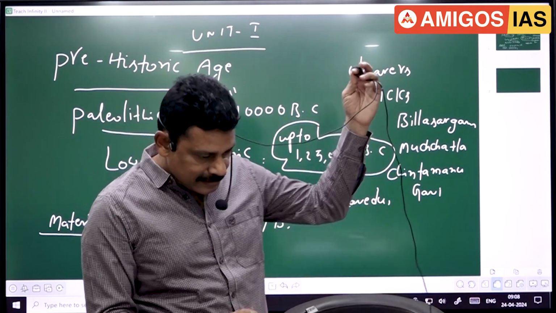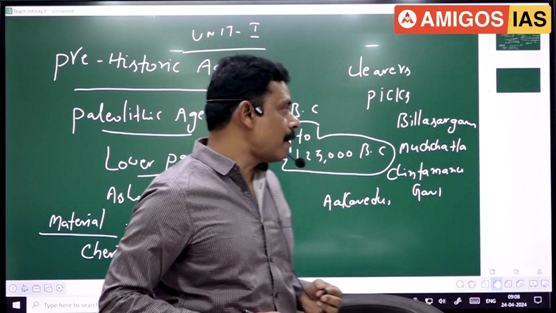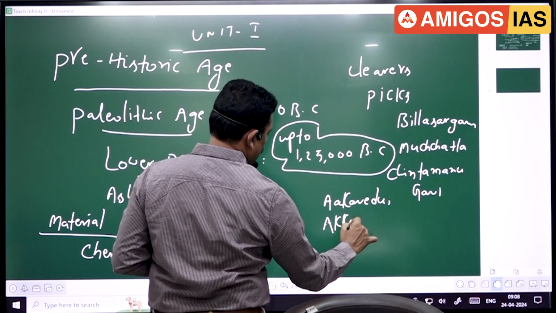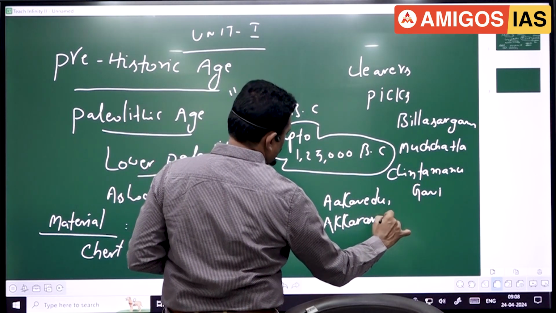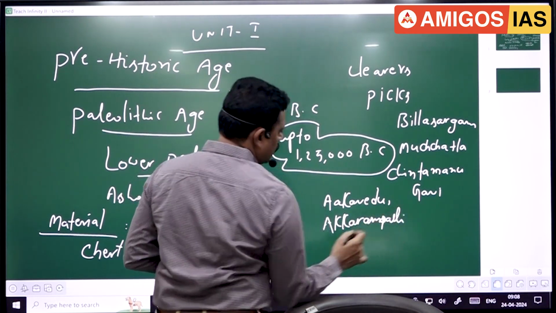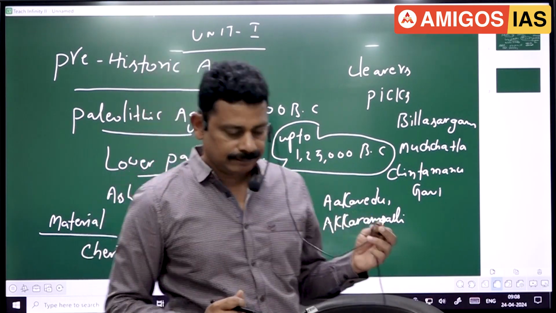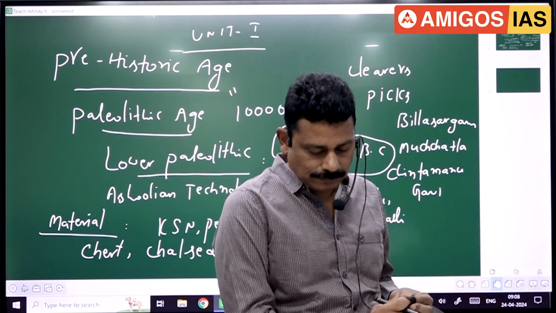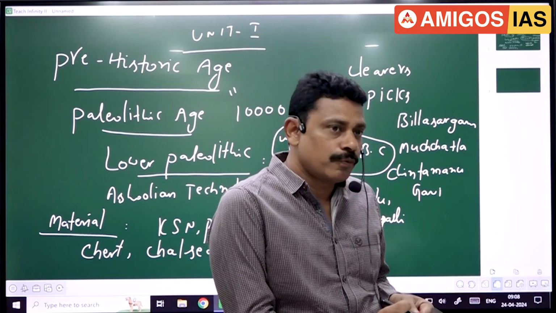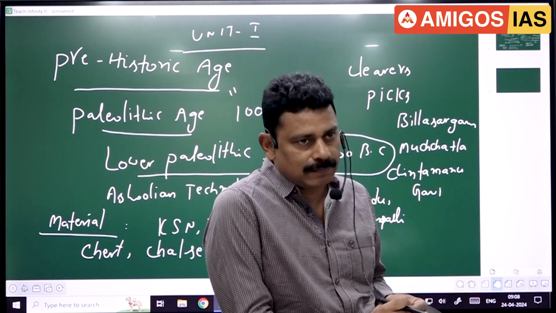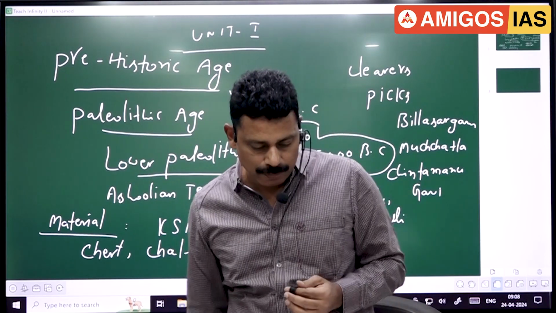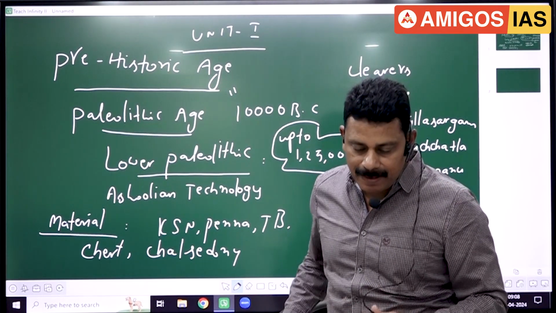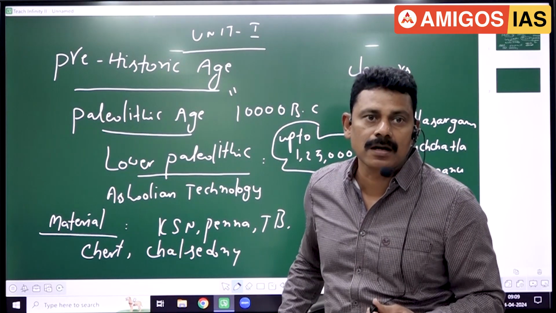One more site in the same district, Nandyal Akkarampalli. Then Alagadda, Aluru, and Veerapuram. These were some of the important sites as far as Kurnool district is concerned.